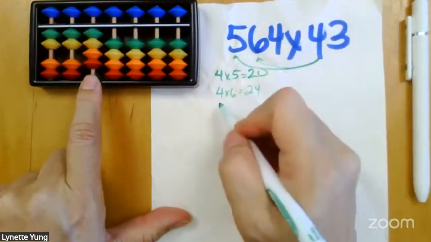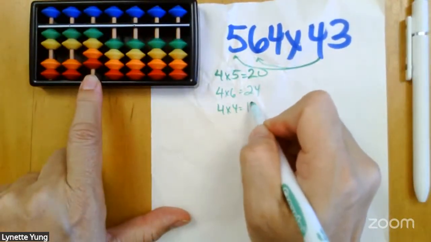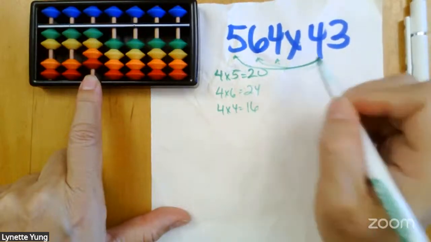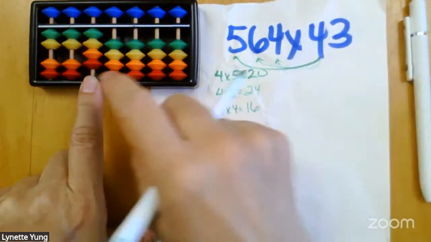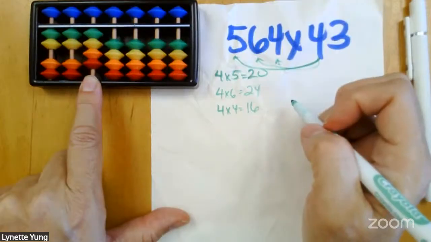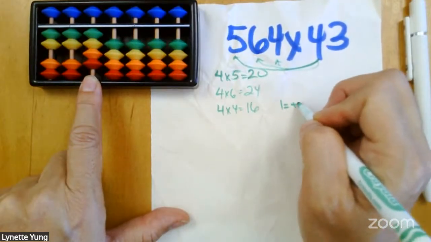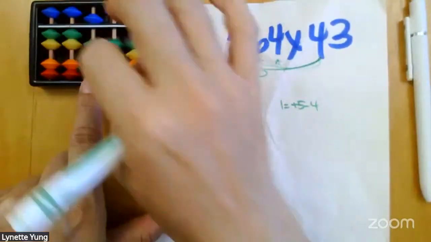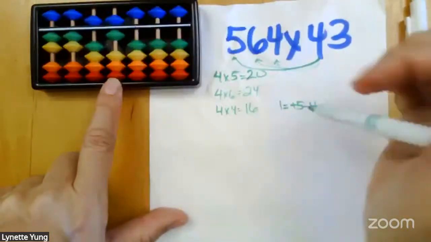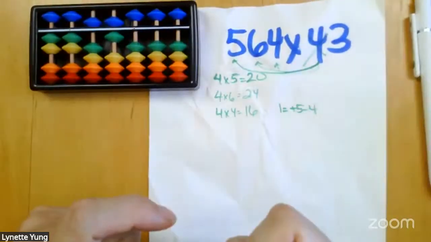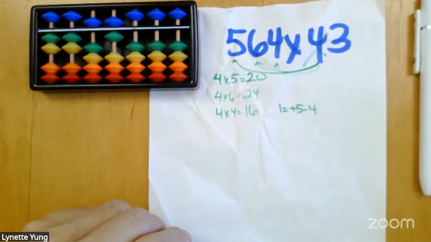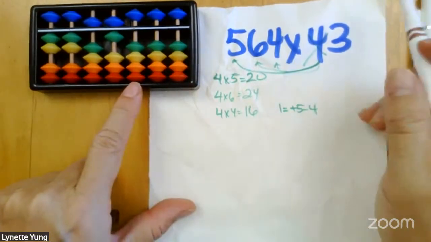And 4 times 4 is 16. So you have the 1. So you bring down the 5 minus the 4. And then you have the 6. Just bring up the 6.